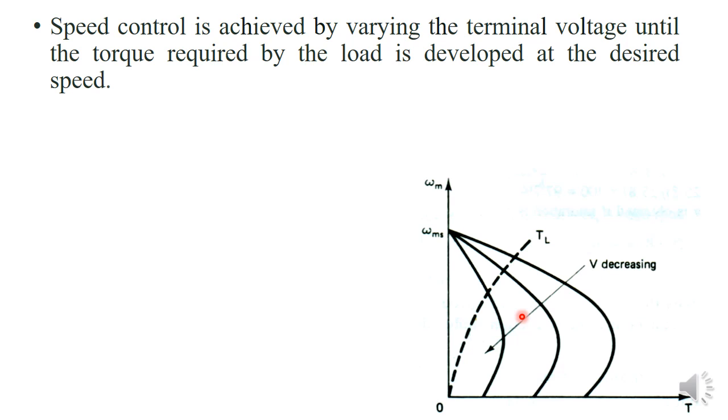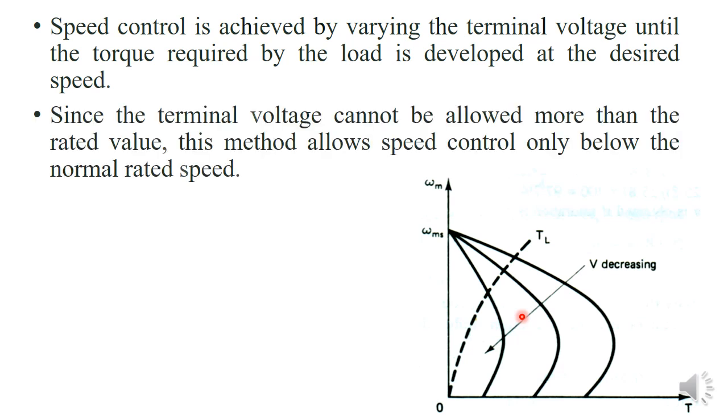That means in order to get rated speed, we apply rated voltage. But if you have to control the speed of the machine above rated speed, you cannot apply a stator input voltage above the rated value. That means the speed control above rated speed is not possible using stator voltage control.